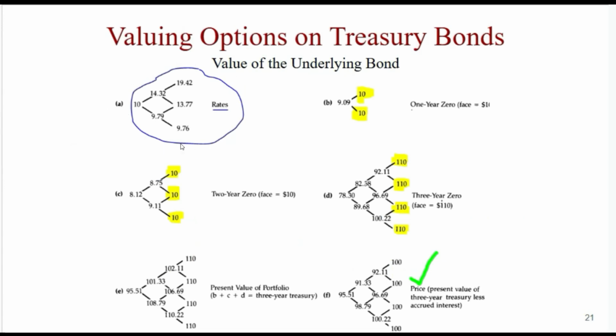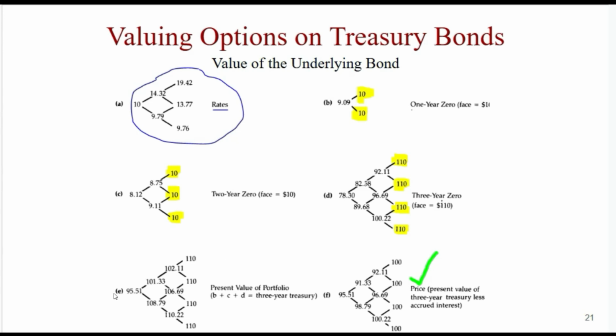So at A, we have our short rate tree that can value all zeros according to today's yield curve here. At B, C, and D, we have our portfolio of zeros and their prices at maturity. We use the rates from the rate tree to discount the prices back each year to today.